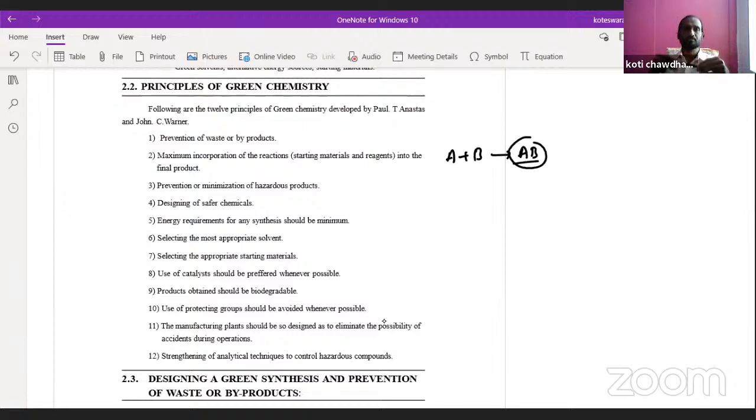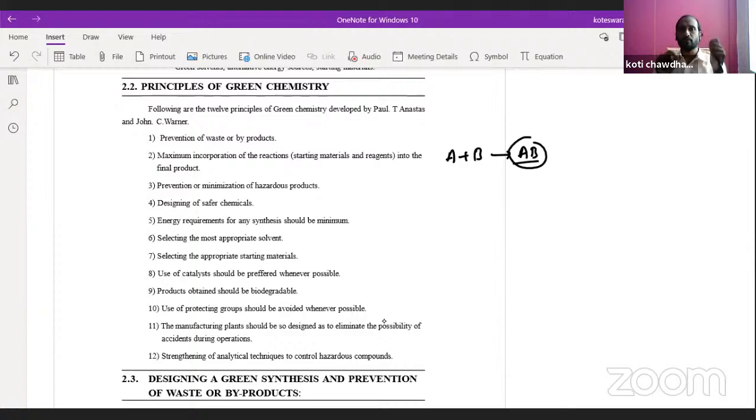Next, select the most appropriate solvent. In chemical synthesis, most reactions proceed in a solvent medium. That solvent should not be an environmental hazard and should be eco-friendly. For example, water is an eco-friendly solvent.